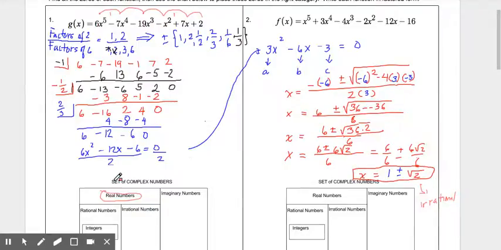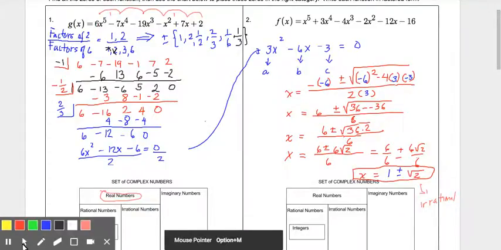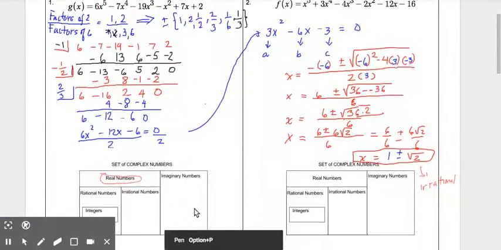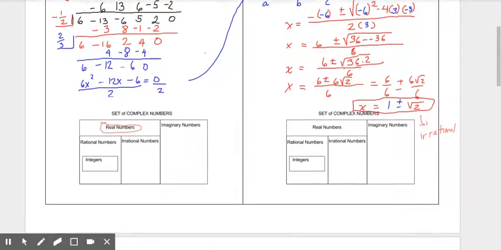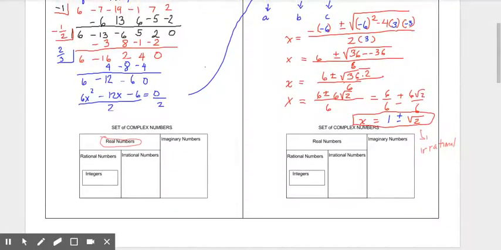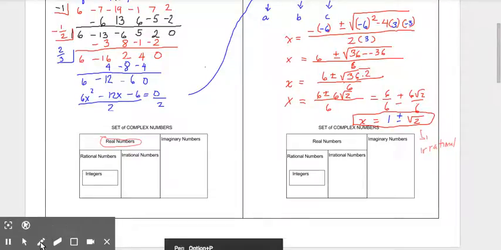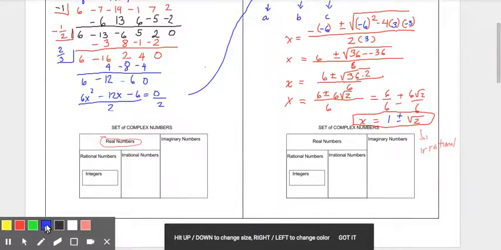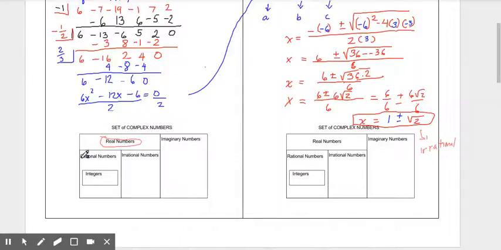Okay. So now let's put the zeros in the diagram. Our first zero is -1. That belongs to the set of rational numbers, and it's a special rational number because it's a whole number.